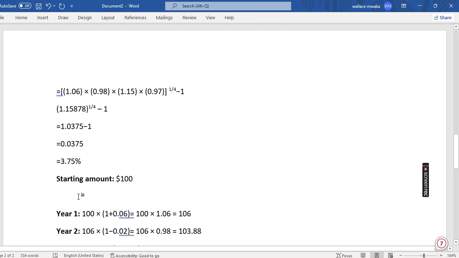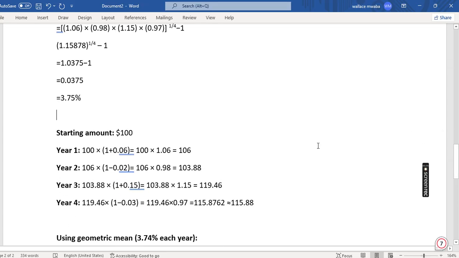Let me just illustrate this with this example here. As we said, if we started with 100 kwacha, in the first year your return is 6%. So 100 multiplied by 1 plus 0.06, our value was 106 kwacha.